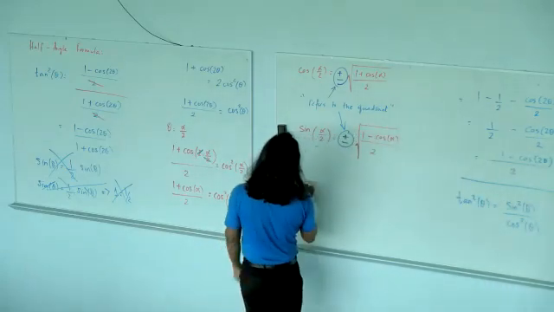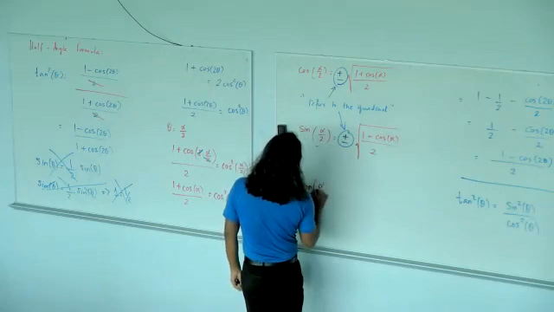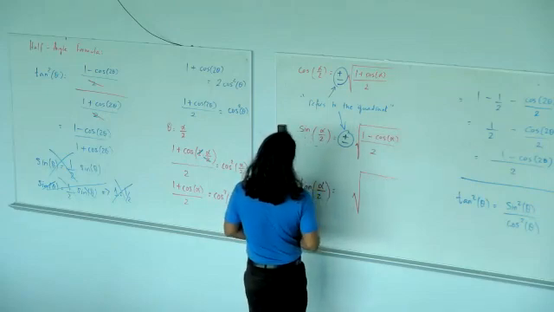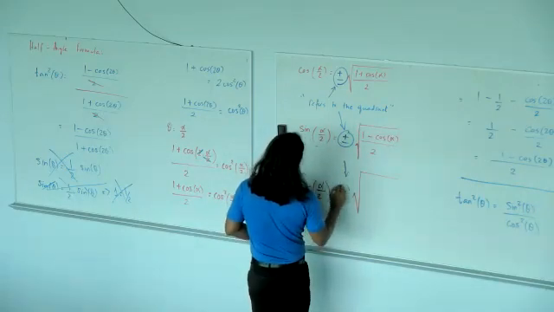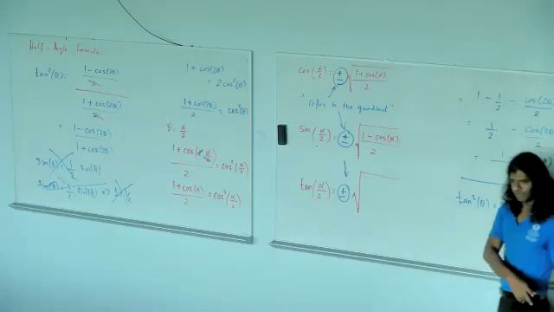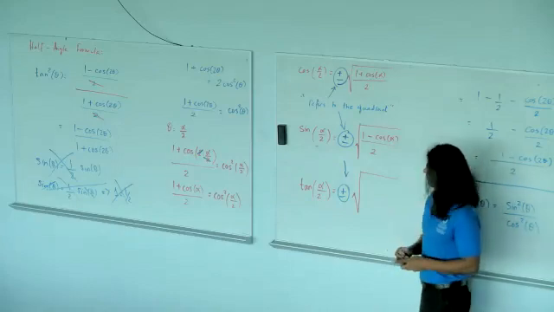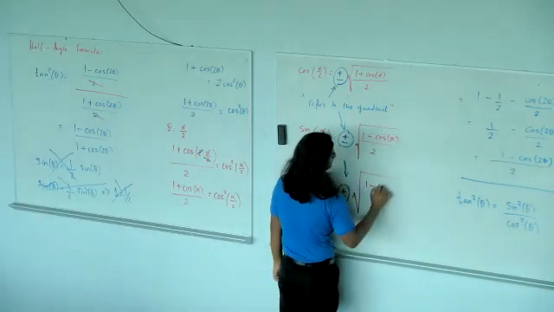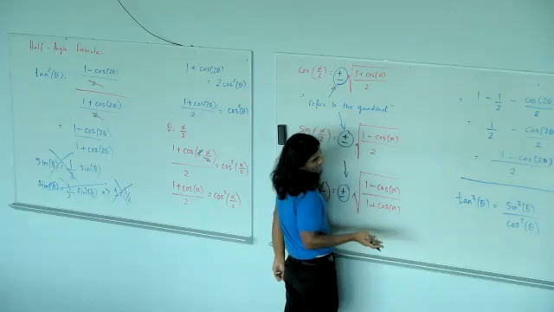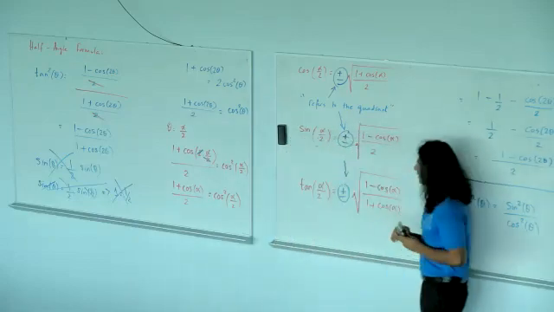The answer is right here. You can solve it. Tangent alpha over 2. So Nolan gave me the answer: square root of 1 minus cosine alpha over the square root of 1 plus cosine alpha, same thing, alpha here.